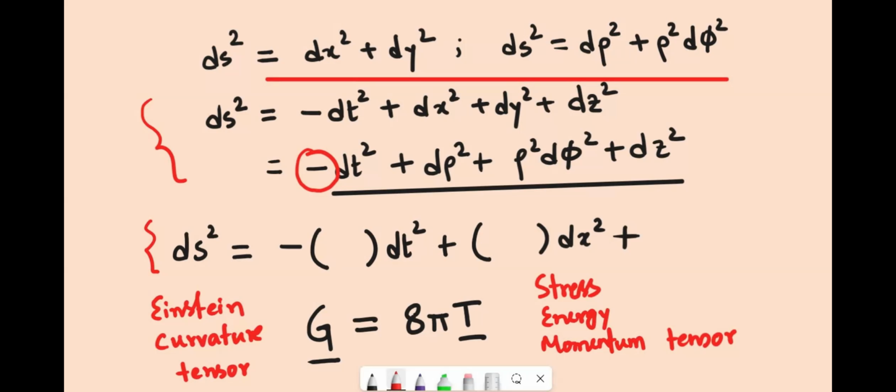This is called the Lorentz signature or Lorentzian metric, also called pseudo-Riemannian metric. These are big names. I'll repeat them over and over again so that as you go along with this series, you will remember these names and be familiarized with these concepts.